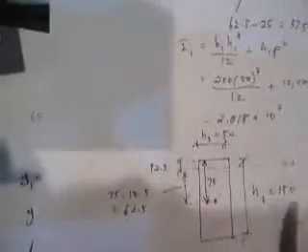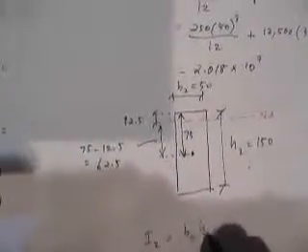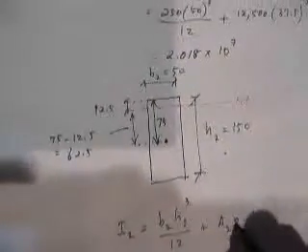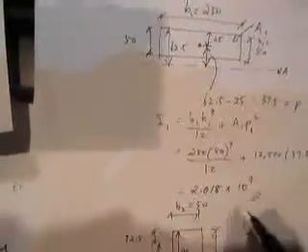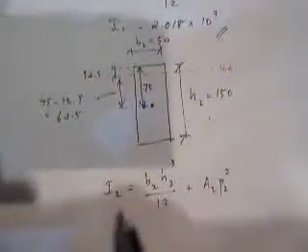Okay, so now we can use the same formula as this one here. So I2 equals B2 H2 cubed over 12 plus A2 P2 squared. And this one here should be P1. So the value we got earlier is I1, and now we're calculating I2.